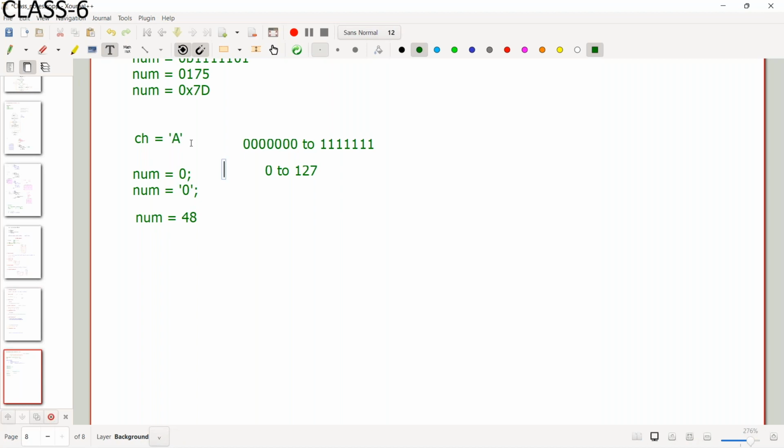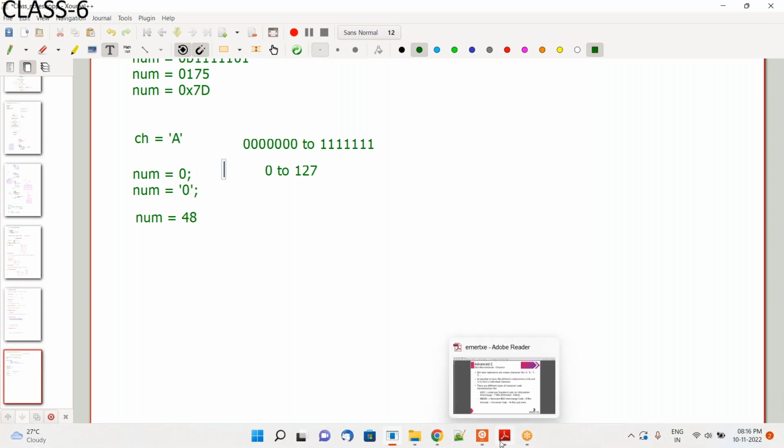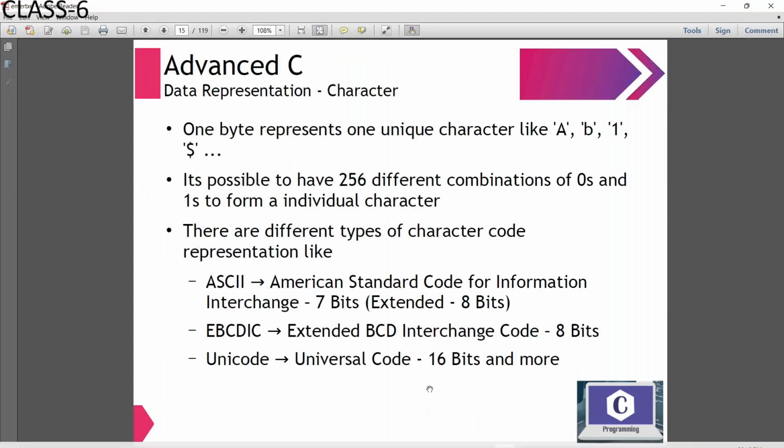Okay, so is this much clear for you? So that is how the characters are getting stored. One character, how it is getting stored. Maximum of 1 byte it will be utilizing to store one character, and the equivalent ASCII value is considered to store that particular character.